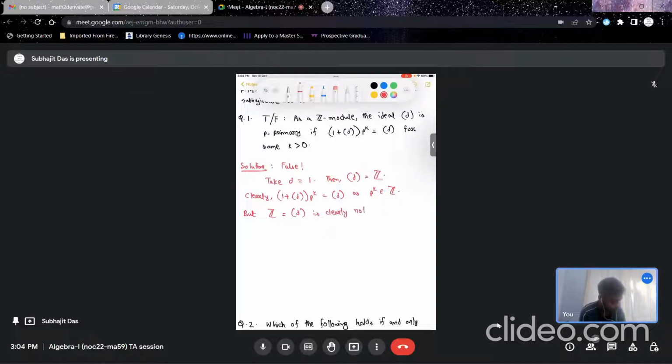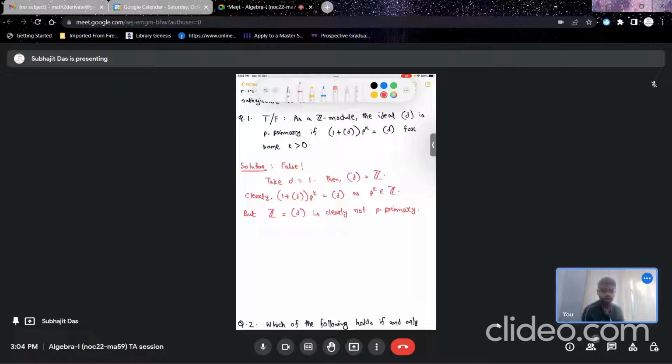So P primariness, if you recall, basically means that you take some module M over a PID, for example, and suppose P is a prime in the ring of scalars.